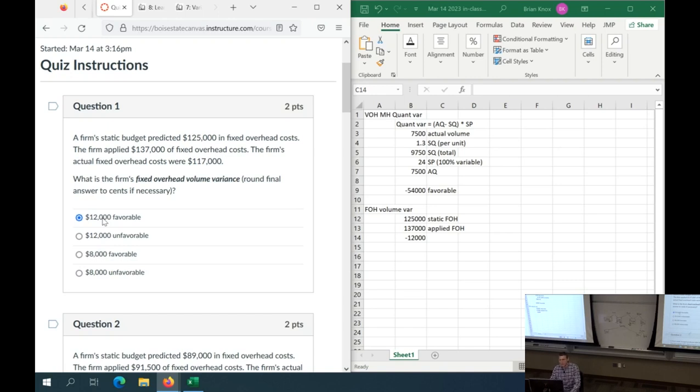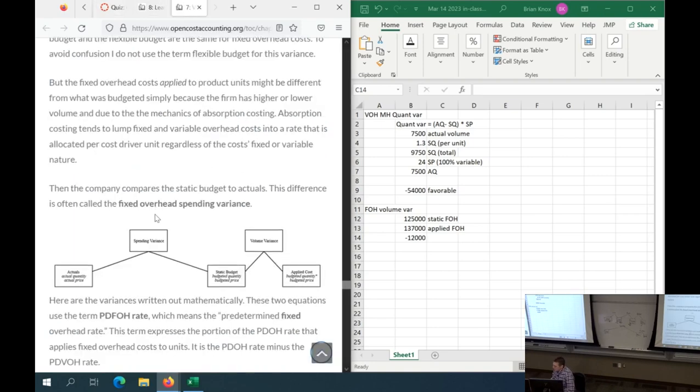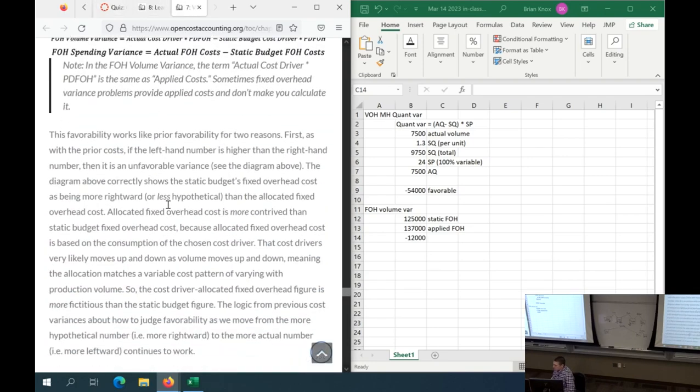But online, you will find some people who have it reversed, because they'll say, well, it's applied cost, and that must be the other way around. There are some tutoring accounting sites out there that have the favorability wrong. And so the favorability argument goes like this.